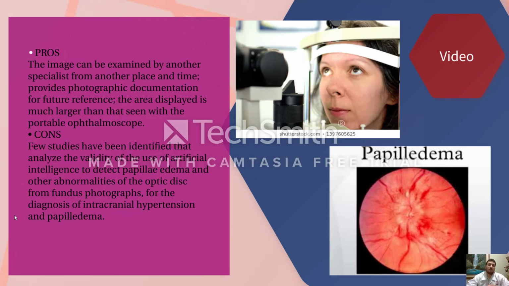A few studies have been identified that analyze the value of using artificial intelligence to detect papilledema and other anomalies of the optic disc from fundus photographs for the diagnosis of intracranial hypertension and papilledema.